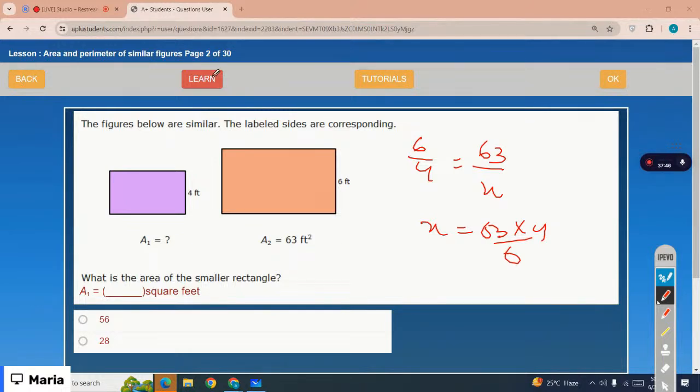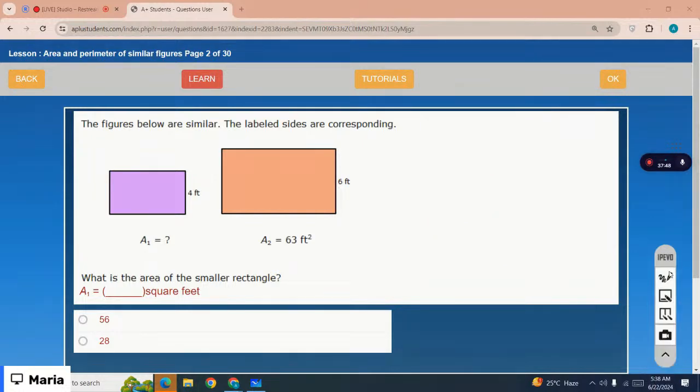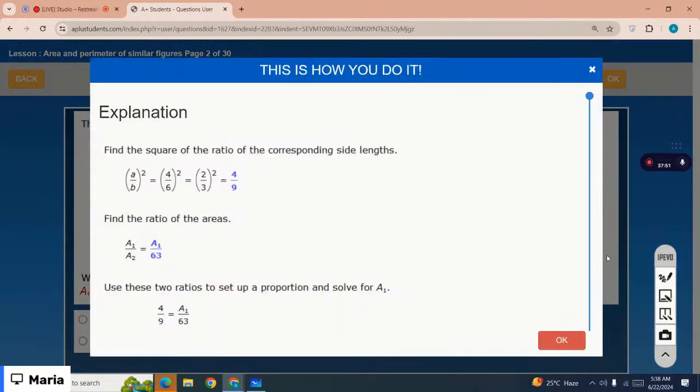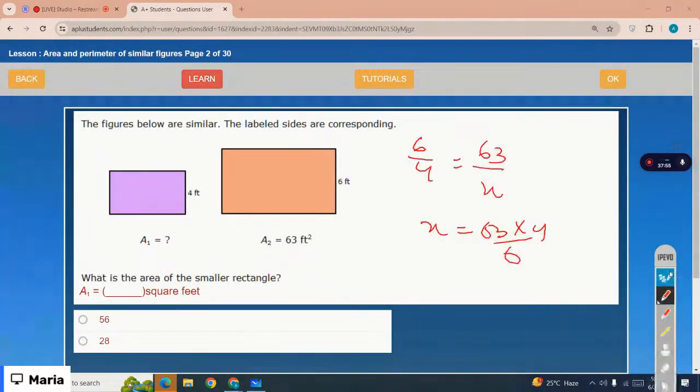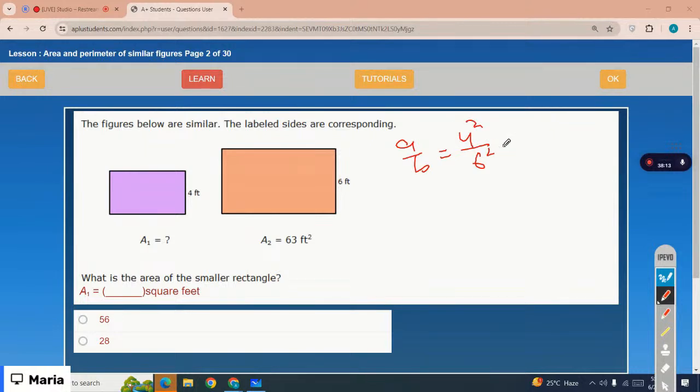You have to find, oh, I think that's, yes, because that is the area, right? So you have to square the sides. Very good. You have to do a over b, that is 4 over 6, 16 over 36.